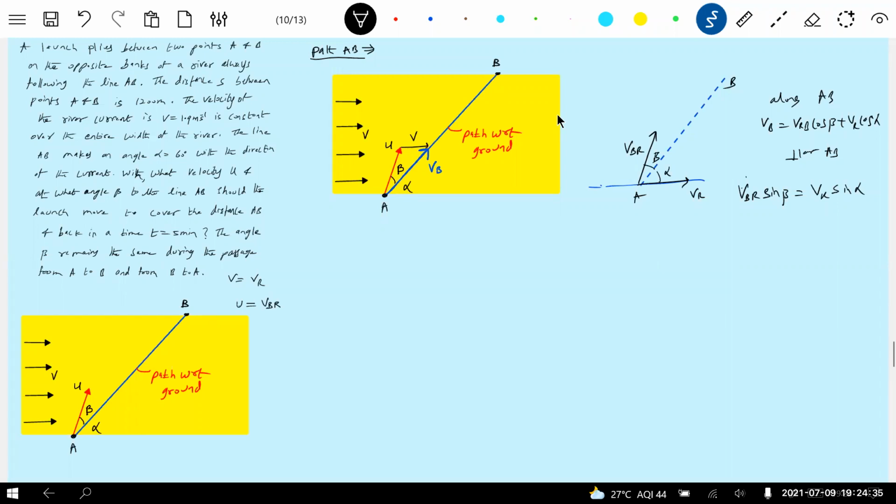VBR, how much is VBR? What velocity U? This is the unknown thing. What is VR? VR is 1.9. Alpha is 60. So let me substitute here. VBR, this is U, the unknown.